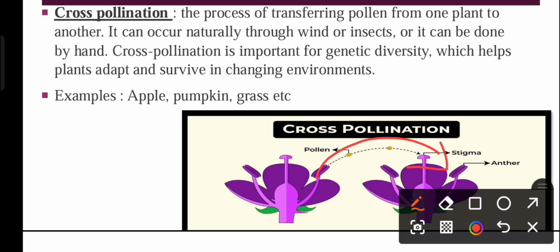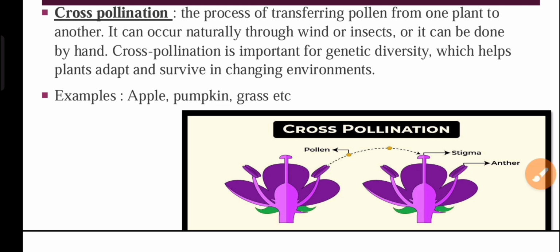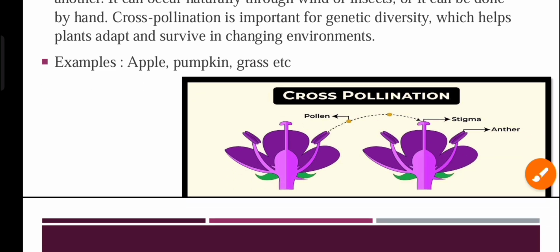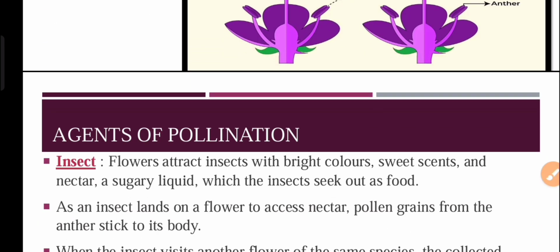Cross pollination is important for genetic diversity, which helps plants adapt and survive in a changing environment. Cross pollination means the transfer of pollen from the anther to the stigma between two different flowers or two different plants. Examples: apple, pumpkin, grass, etc.